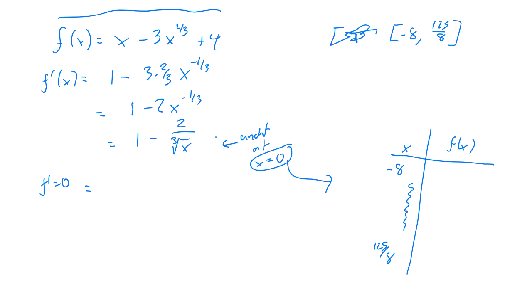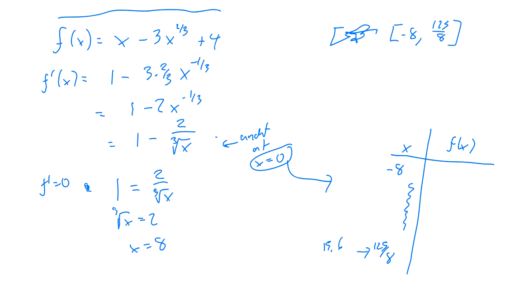And the place where f prime is 0 is going to be when 1 is equal to 2 over the cube root of x. If I cross multiply, that's cube root of x equals 2, which is x equals 8. Now, is that in the interval or not? What's 125/8? Okay, this is about 15.6.